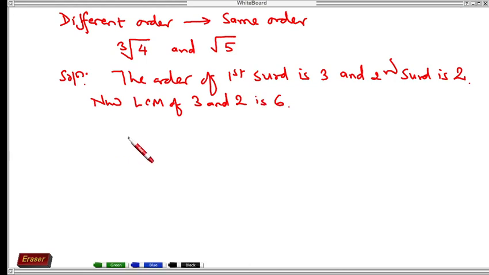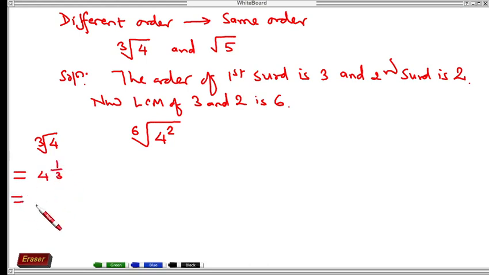So simply you can write 6th root of 4, and the order is 3. We have to make it 6, so 2 times you have to multiply. So inside the radical sign, for the rational number, you have to raise the power by 2. I mentioned earlier, cube root of 4 means 4 to the power 1 by 3.